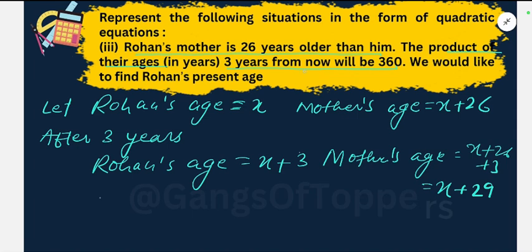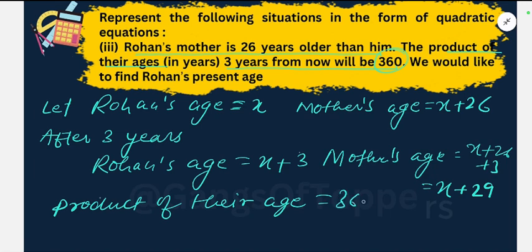And now the question says product of their ages is 360. Product of their ages equals 360. So we have to multiply x plus 3 into x plus 29 equals 360, and further we have to simplify this.